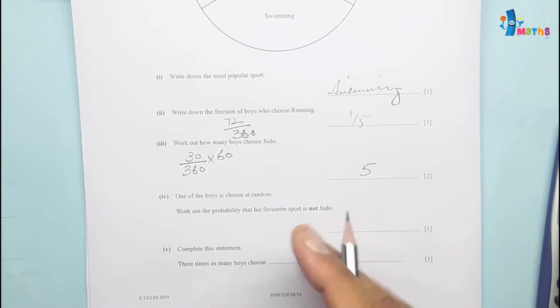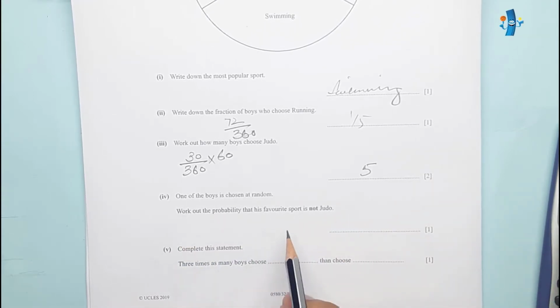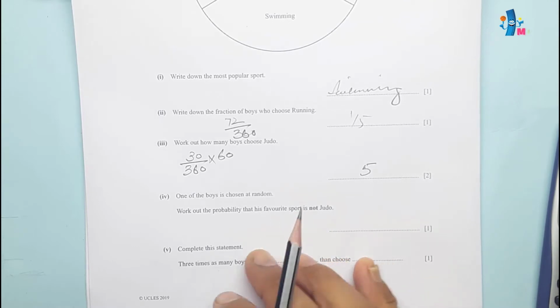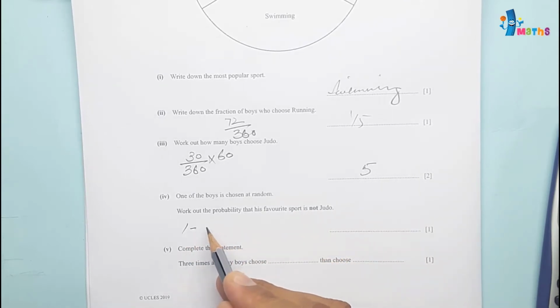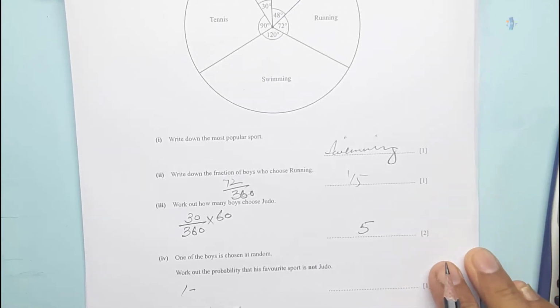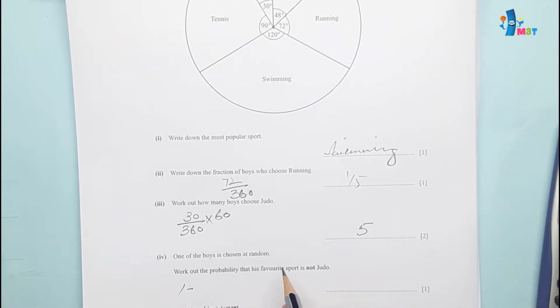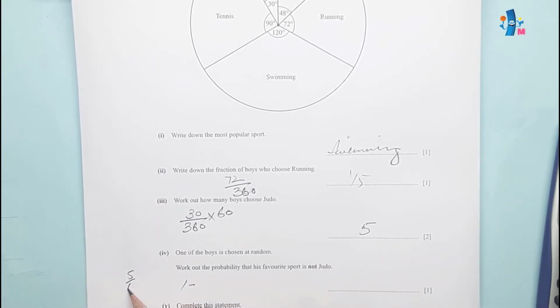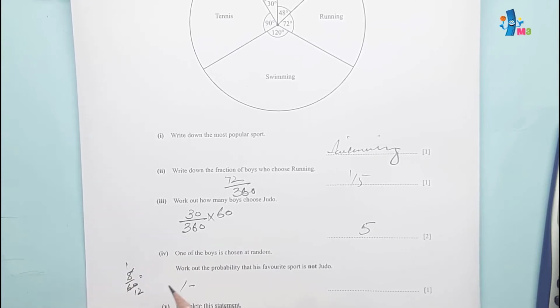One of the boys is chosen at random. Work out the probability that his favorite sport is not judo. Judo is basically 1 over 12, because 5 out of 60 are opting for judo. 5 ones are 5, 5 12s are 60, so it will be 1 over 12 or 5 over 60, and simplify this.